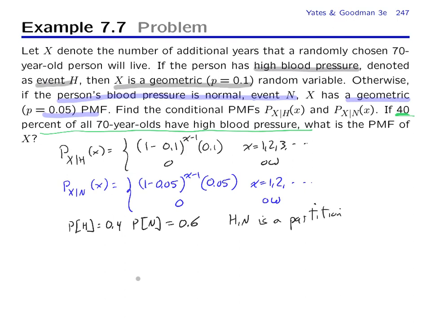And we can use the theorem to write that the PMF of X is 0.4 times the PMF of X given high blood pressure plus 0.6 times the PMF of X given normal blood pressure.